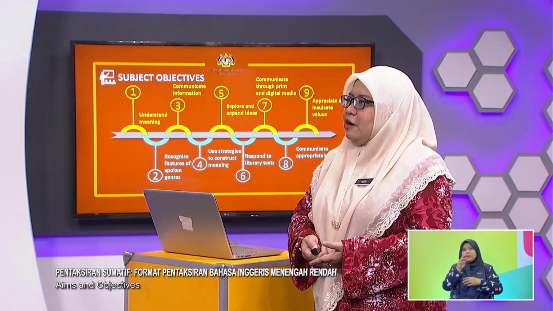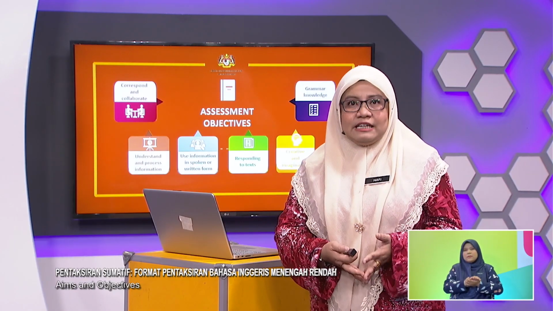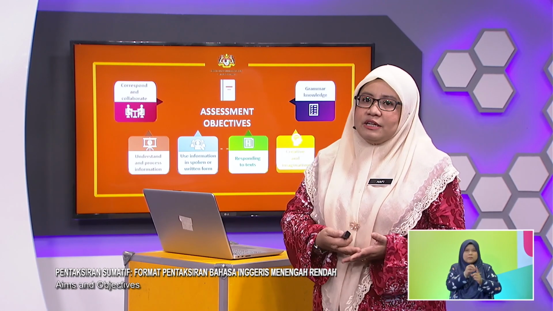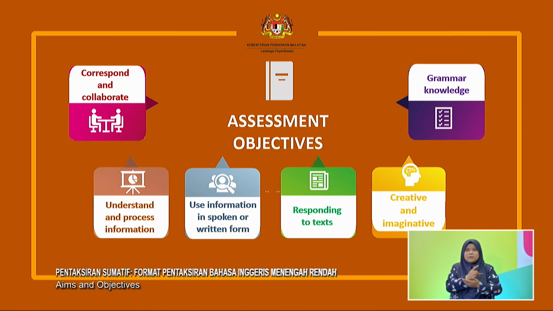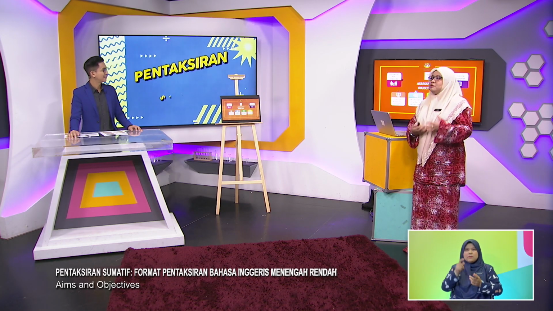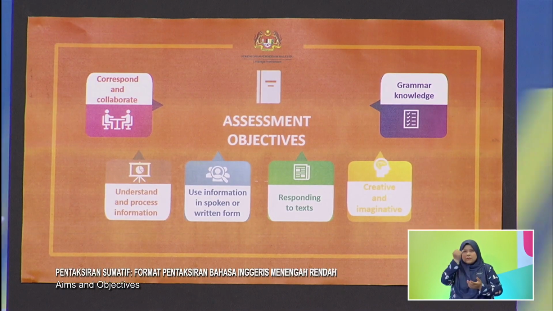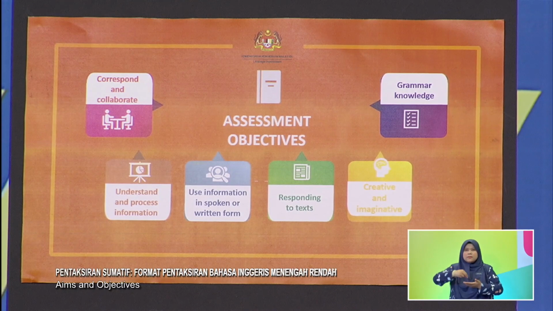All right, moving on to the assessment objective. Chris, for assessment objective, these objectives are derived from the English language curriculum and also aligned with the CEFR. The assessment objective is aimed to test the students' ability to correspond and collaborate, meaning that they should be able to interact with each other for different purposes, to understand and process information from various sources, also to test student ability to use information in spoken or written form, as well as responding to variety of texts.